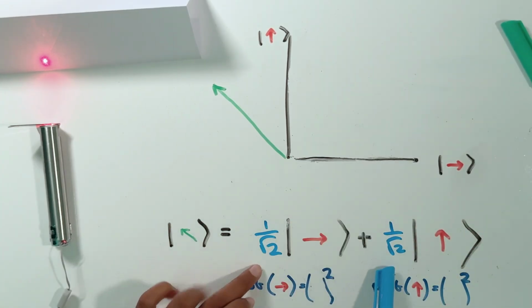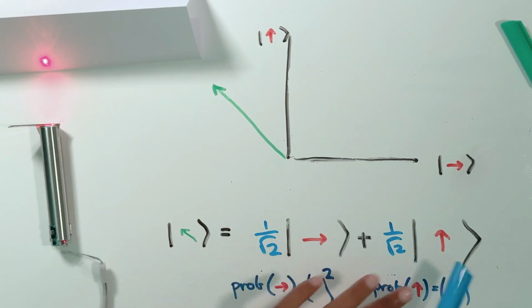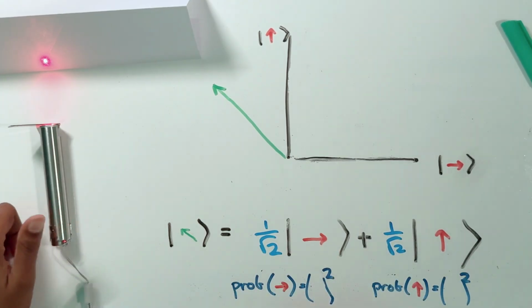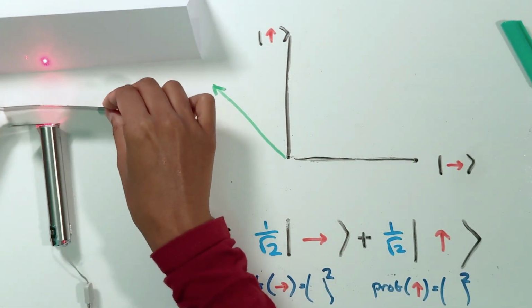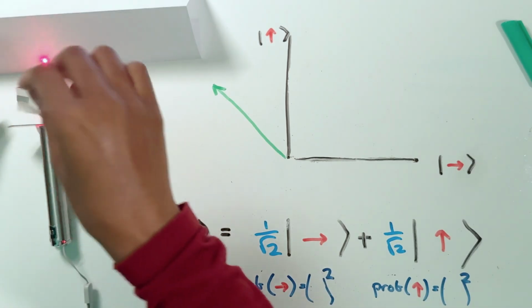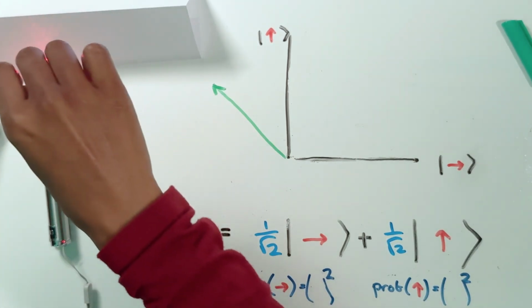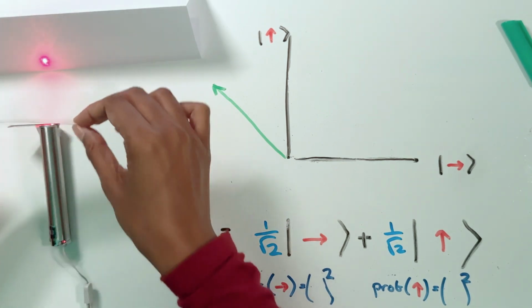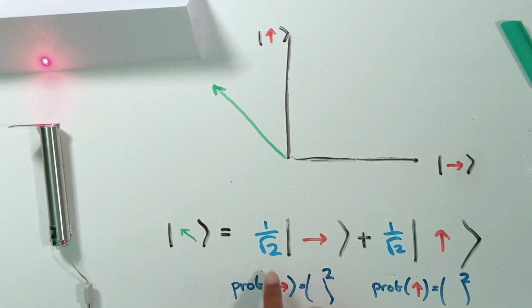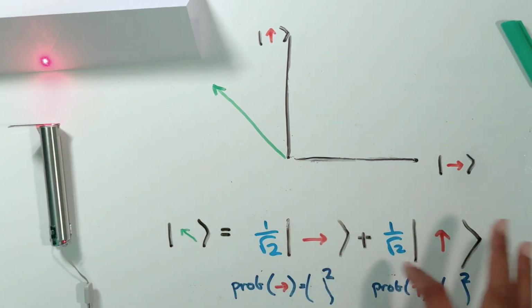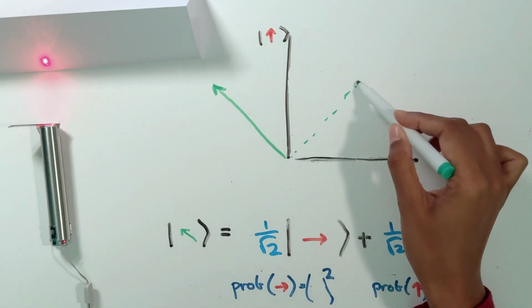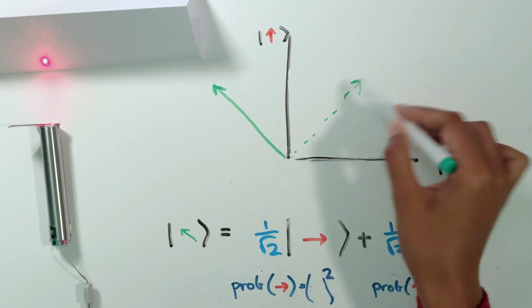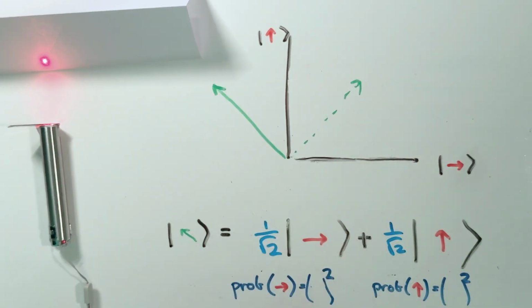And the reason for this is that we know it should be equally this and this, because when we put in our filter, whether we put it in like this or like this, it cuts out about the same amount of light, which is 50%. So that suggests that these two coefficients should be the same size. But obviously this can't be the right answer, because we just said that this state is actually equal to this vector. So we want to take this vector and we want to turn it over a little bit.